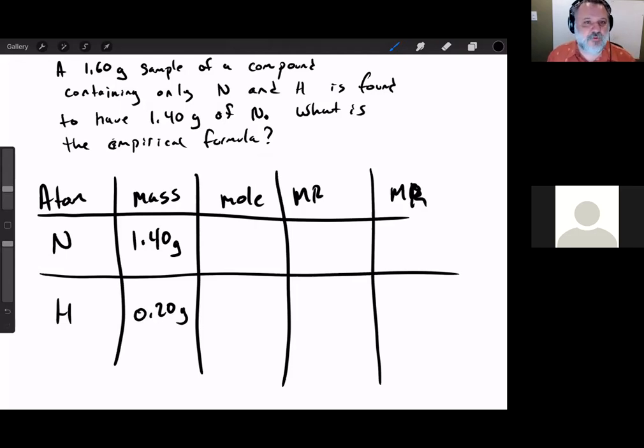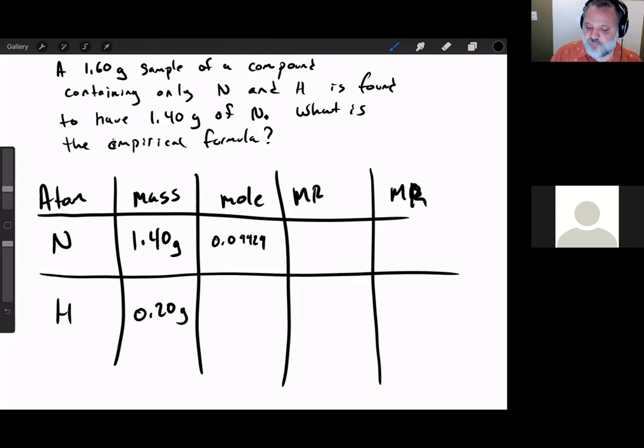So the mass of the sample was 1.60 grams. And so subtracting 1.4 from 1.6, I get 0.2. And so now I've got all the information I need to solve the problem. So 1.40 divided by 14.01 is the moles of nitrogen. I get 0.09929.